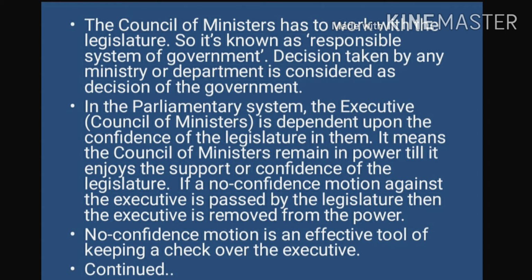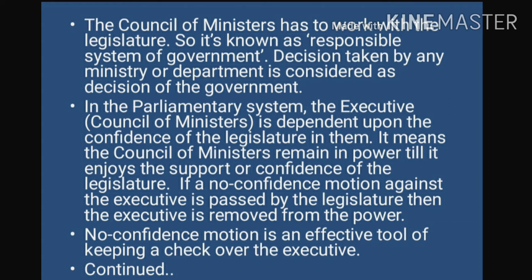The Council of Ministers has to work with the legislature, and so it is known as a responsible system of government. Why? Because the decisions that are taken by this department or ministry are considered decisions of the government.